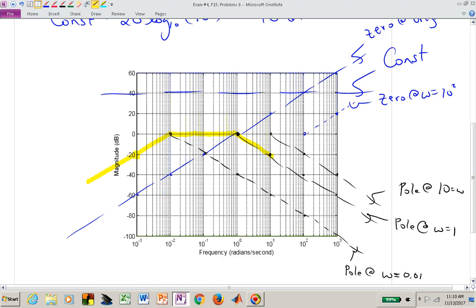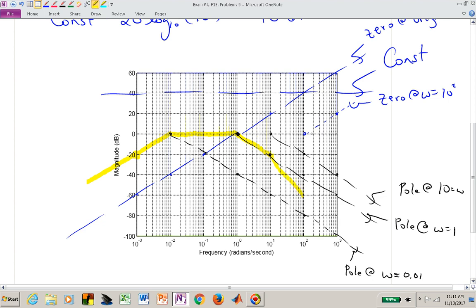value of 10, I'm now sloping down a little bit more, because now I'm sloping down at minus 40 dB per decade until I reach the next new entry, which is the 0. Here I go 40 dB per decade down from 10 to 100, so I would not be at minus 40, I should be at minus 60.